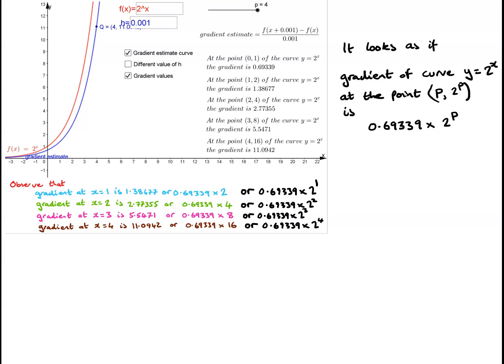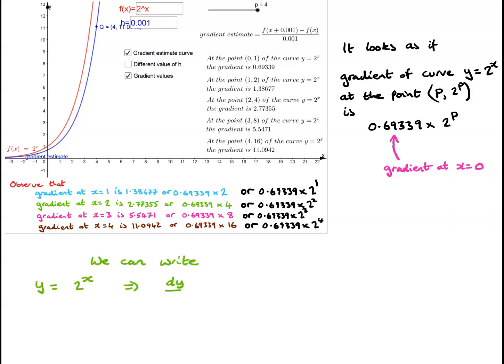Putting the results together, it looks as if the gradient of the curve y equals 2 to the power x at the point (p, 2 to the power p) is simply 0.69339 times 2 to the power p. The 0.69339 that we've got there is the gradient of the curve at the point where x equals 0.